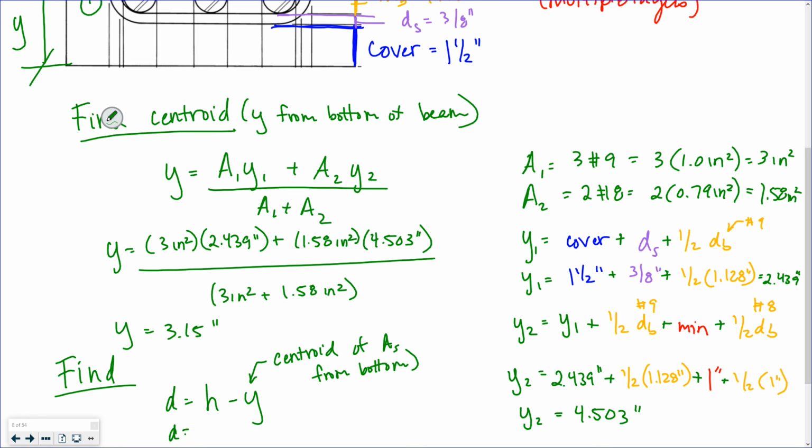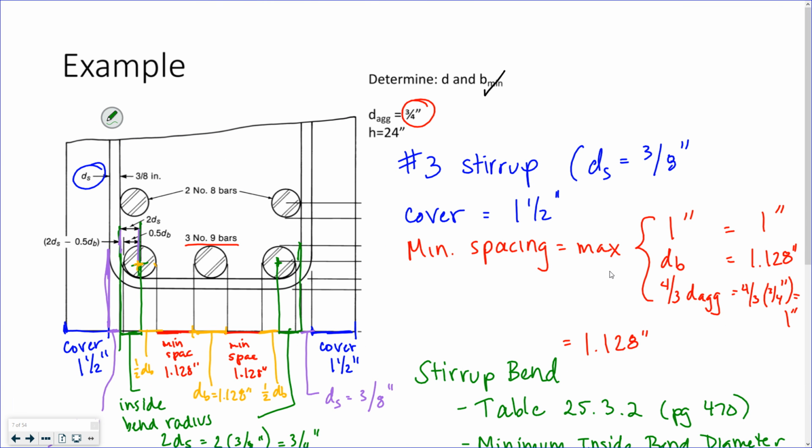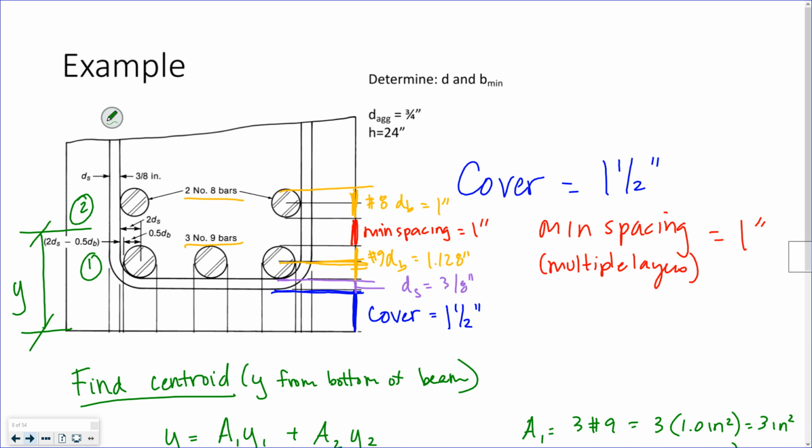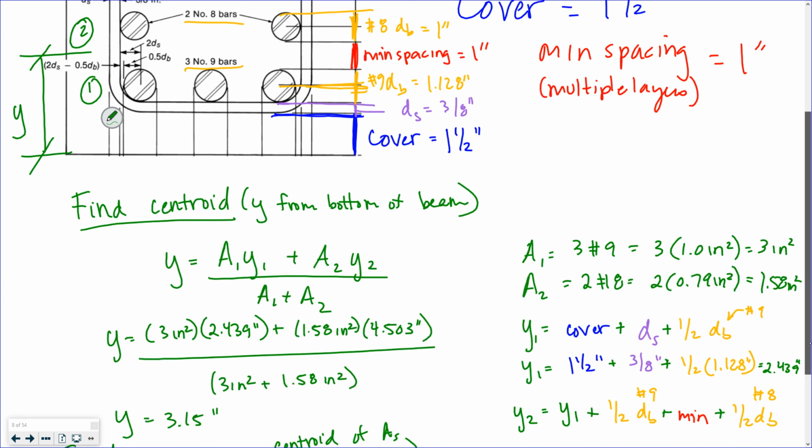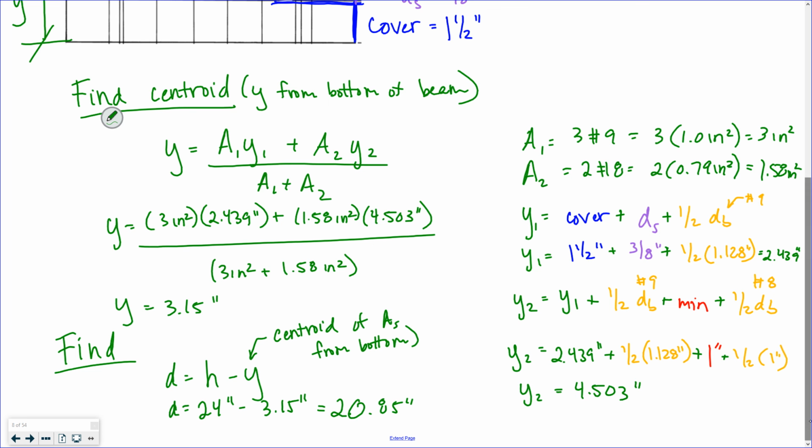So my height, I don't know, what did I say? Like 24 inches? 24 inches minus 3.15. I just found the centroid from the bottom and then subtracted it from the overall height.